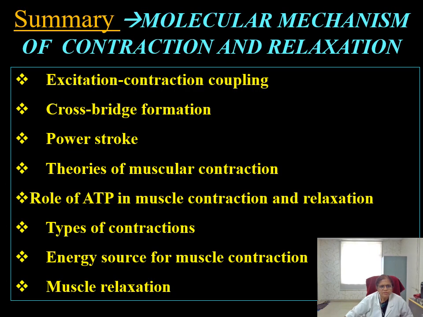So this is a summary of the molecular mechanism of muscle contraction and relaxation: excitation contraction coupling, cross bridge formation, power stroke, theories of muscle contraction, role of ATP in muscle contraction and relaxation, types of contraction, and what the energy source for muscle contraction is, briefly, nothing but ATP. This is the summary of what we have discussed.